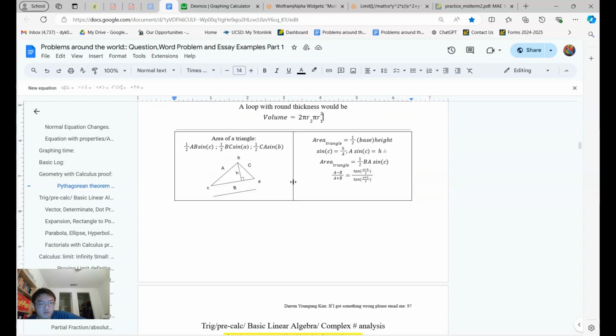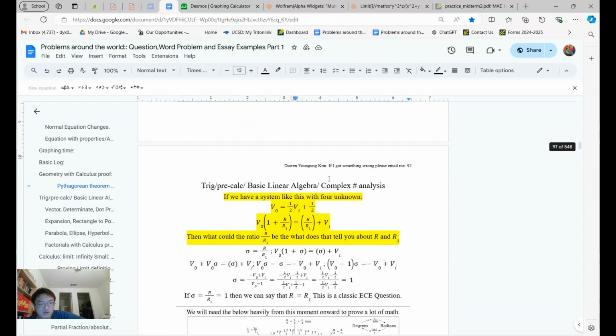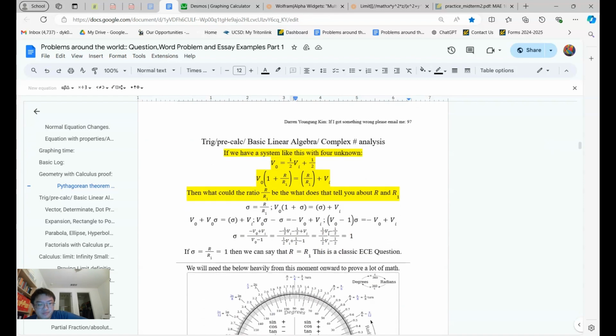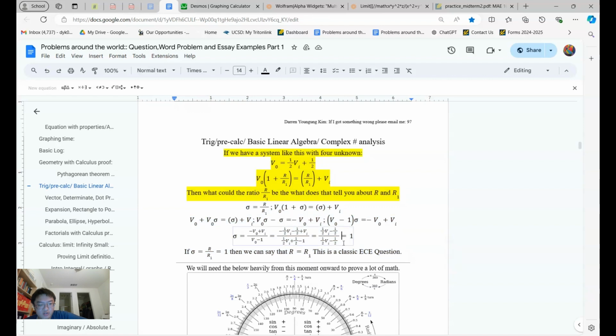And then we go to the proof for the area of the triangle, which is this. I never made a question because I never really used that ever, so that was interesting. We'll start with an interesting ECE question to get something like this. I think there's a few more solutions, but from an engineering perspective, this is the only important one.